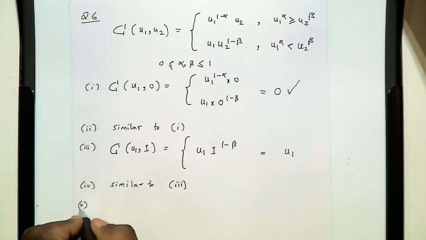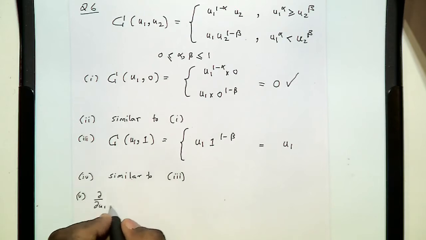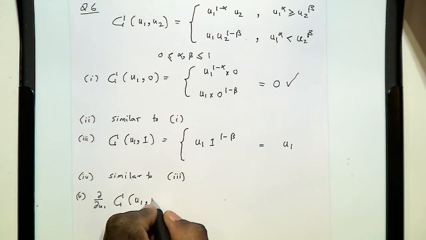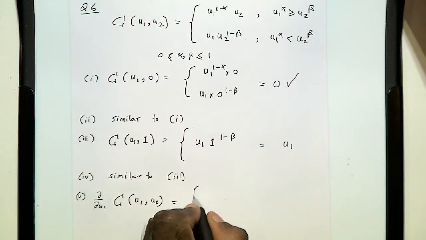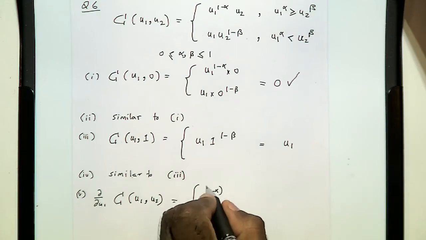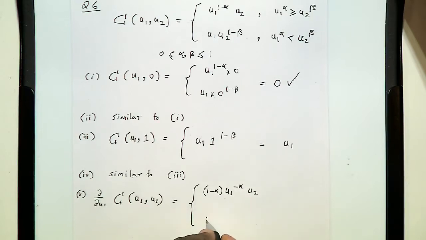And condition 5 is the partial derivative. So you should take the partial derivative with respect to u1 first. You get 1 minus alpha times u1 to the power minus alpha times u2, and here you get u2 to the power 1 minus beta. And alpha is a number between 0 and 1. So this is non-negative and this is non-negative.